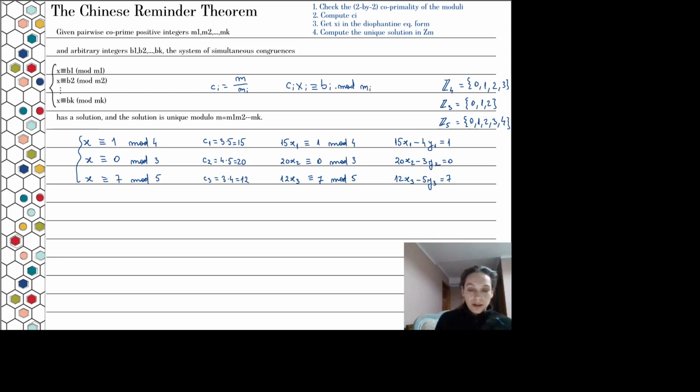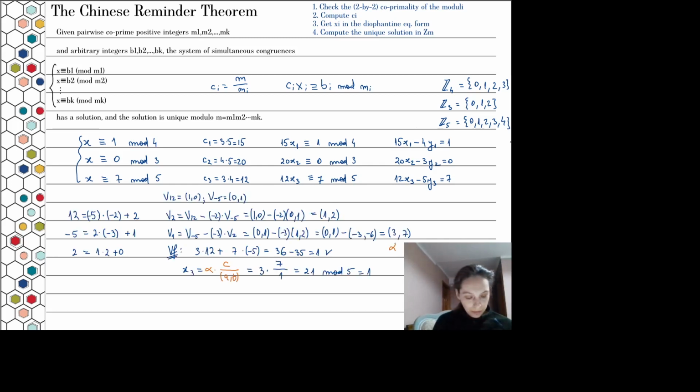So these are some intermediate congruences, and we are interested in solving them. In order to solve them we will transform each congruential equation into a Diophantine equation, which we already know how to solve. So we will take one of these three Diophantine equations and we will solve it.